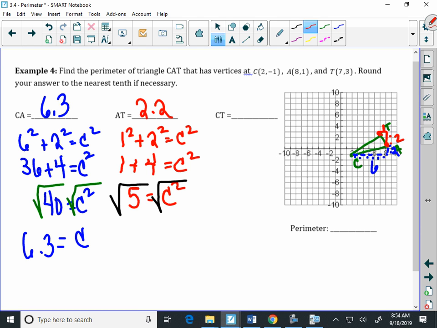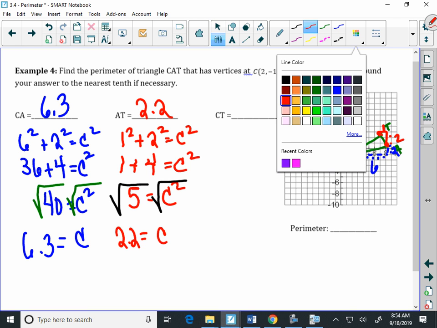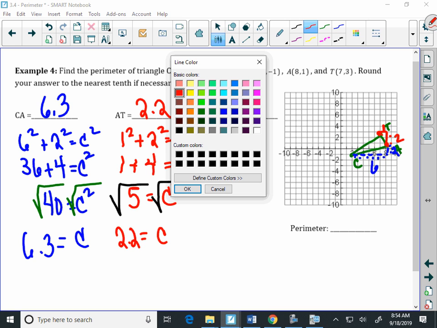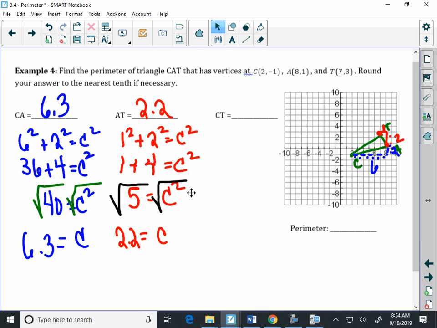We have to do this process one more time. We need to figure out what CT is. And our picture's getting a little jumbled, but hopefully we can be okay. I'm going to draw my triangle. So we're going to look at the distance between these two. I'm going to draw my triangle here.